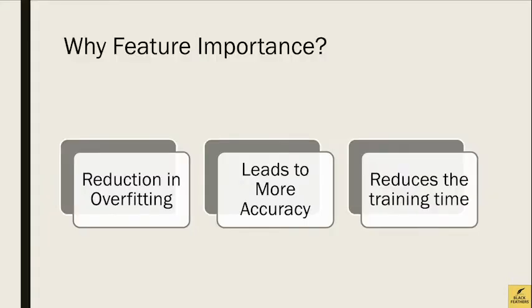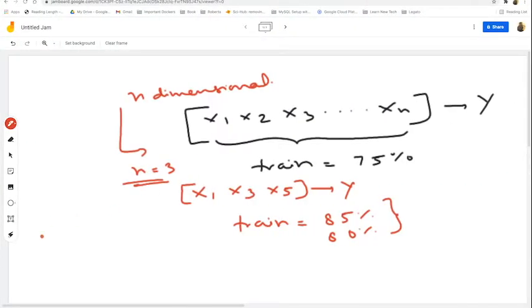Now, why is feature importance required? First of all, it leads to a reduction in overfitting. If I have a lot of variables and I'm training the model for suppose 1000 iterations, 5000 iterations, then what happens is that the model learns too much about our train set.